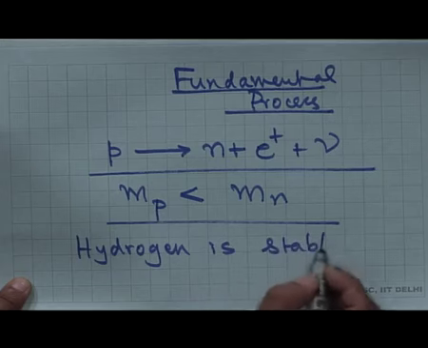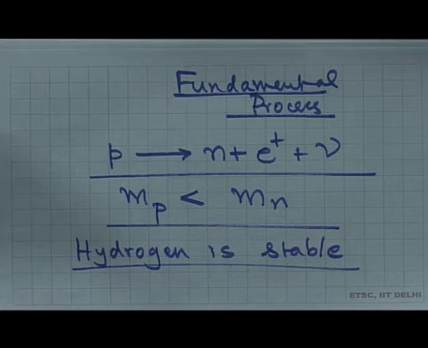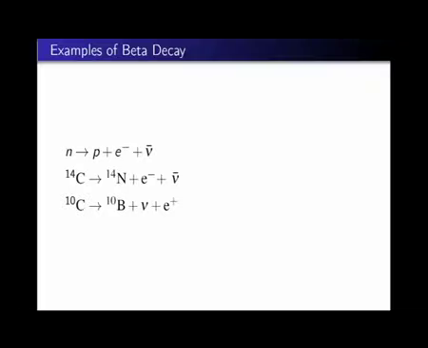Hydrogen atoms have been there for billions of years, they are not going to decay into anything. Proton is a stable particle, whereas neutron is not stable. You all know that it has a half-life about 13 minutes or so. So, if that be the case, if I come back to this picture, how is it that in this carbon decay, my proton is able to go to a positron?